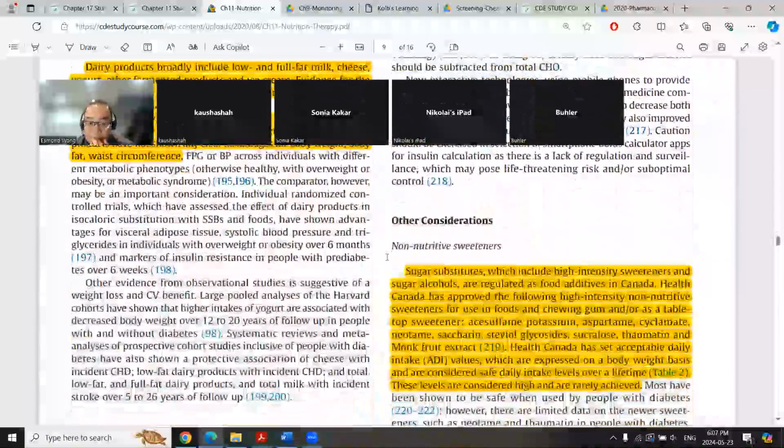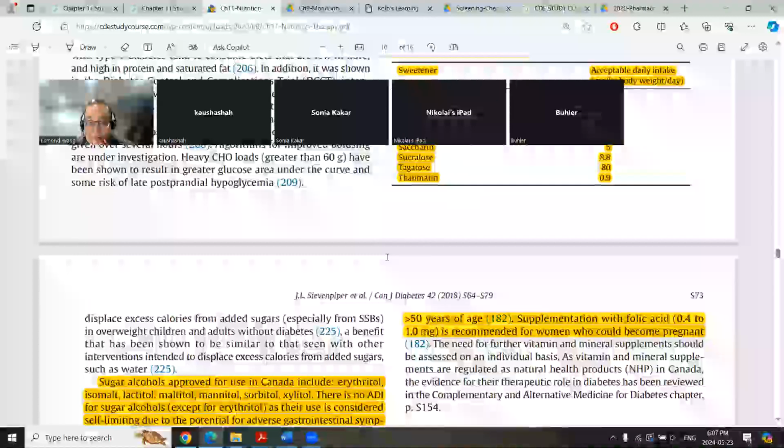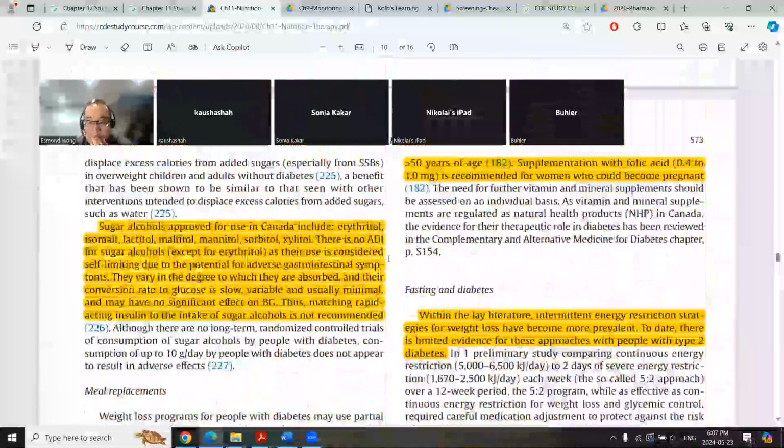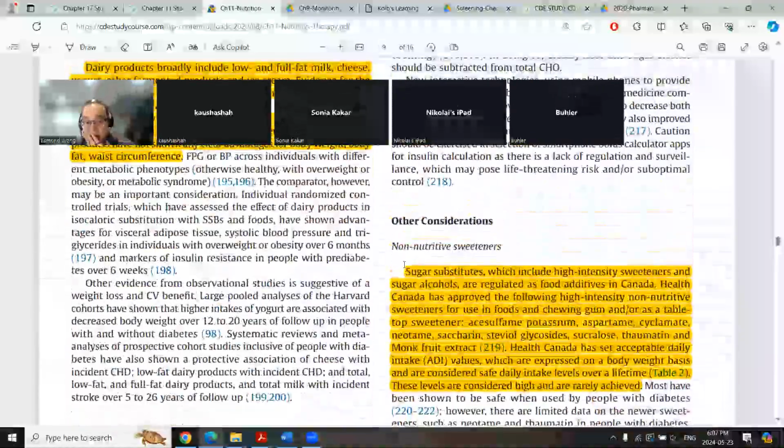But if you go to the recommendation, it's 45 to 60, 10 to 25, so which one do you follow? Because they're different.